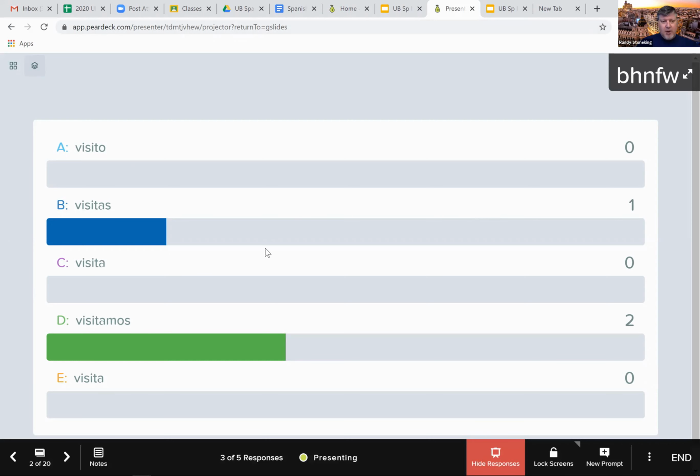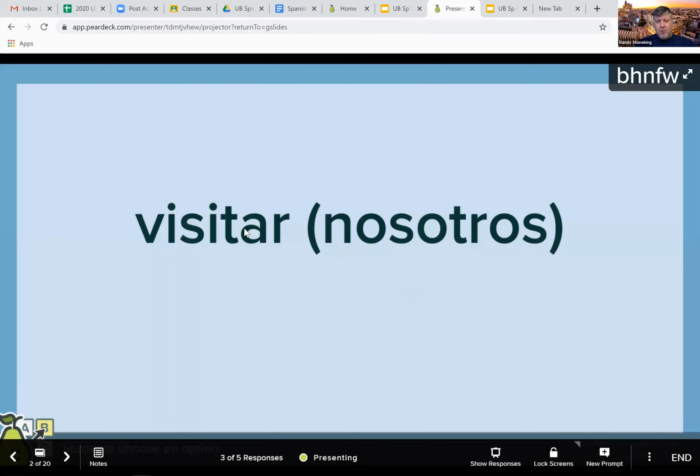So again, we also have to remember that we have to pay attention to what kind of verb it is, whether it's an AR verb or an ER verb or an IR verb. It doesn't necessarily always affect it, but we do have to pay attention to that.